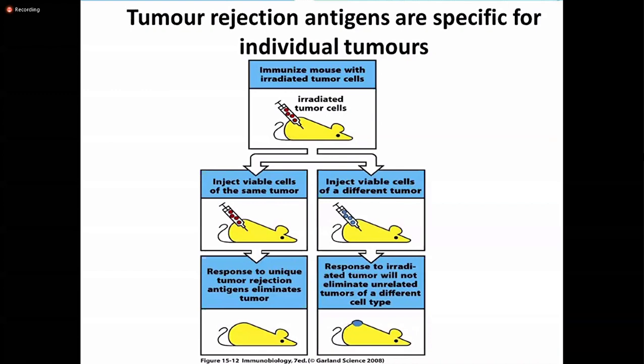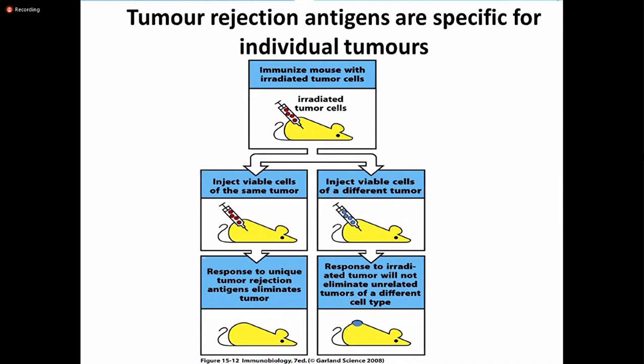So in other words, you are preventing the cells from dividing, but they're staying viable. And this is a common practice in these type of experiments. So essentially what you are doing then is injecting these mice with inactivated tumor cells that aren't able to divide into a solid tumor, but they're acting as targets.